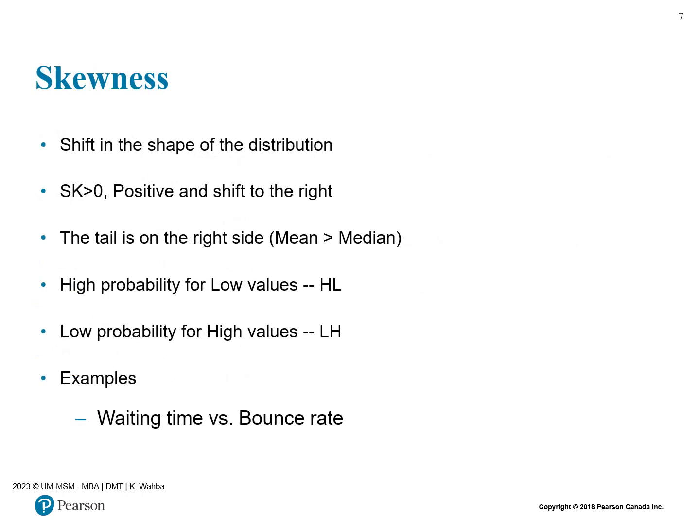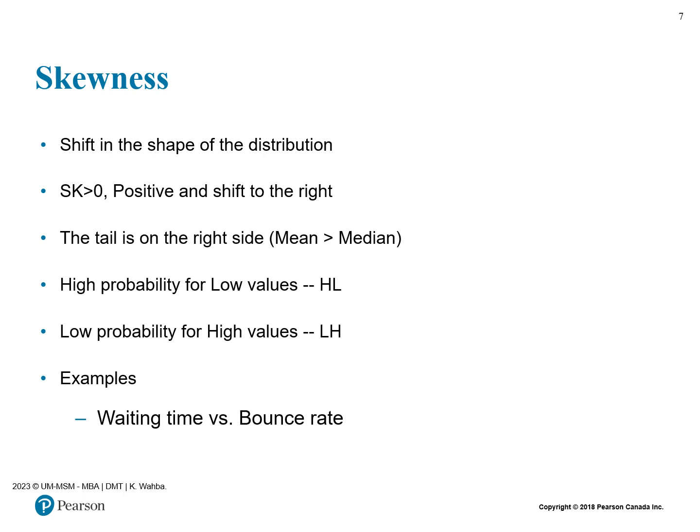Skewness is a very essential metric that gives us very important information without really drawing our data, like a histogram. Skewness could be negative or positive. It is basically a shift in the shape of the distribution.